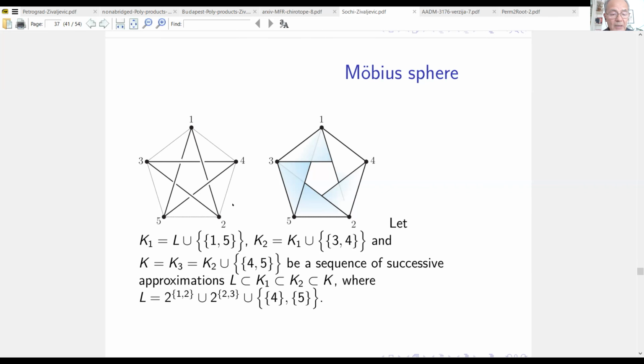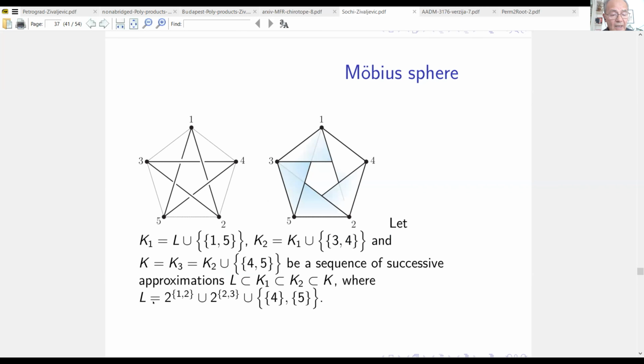But I will easily make a threshold subcomplex K1. K1 is threshold. Simply I take L. Let me see if I defined it previously. No, L is just you take this cycle and take. Oh yes, L is written in the last line below.